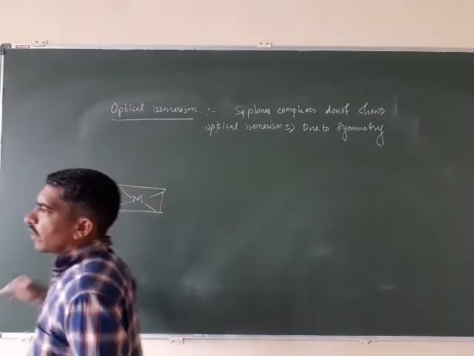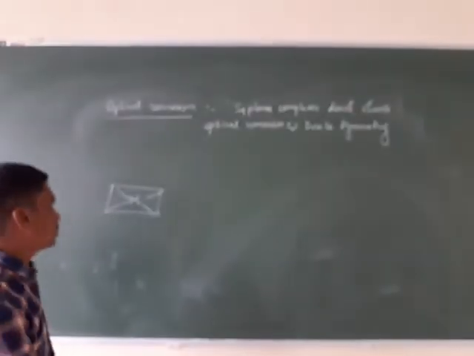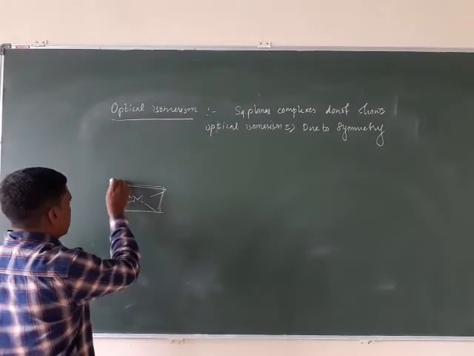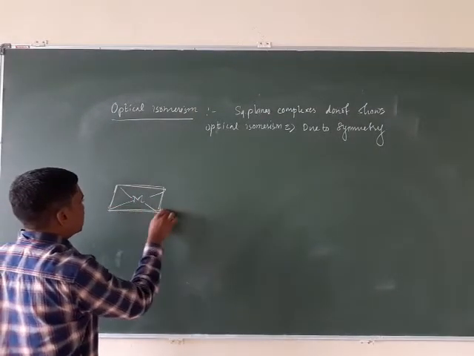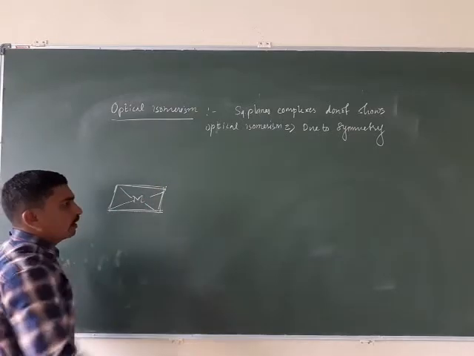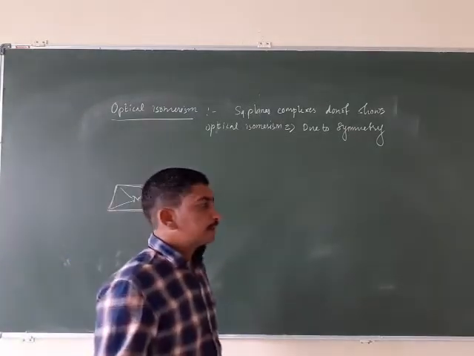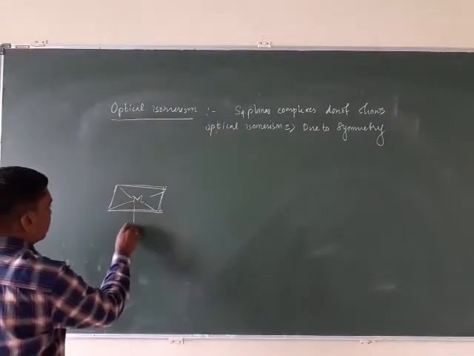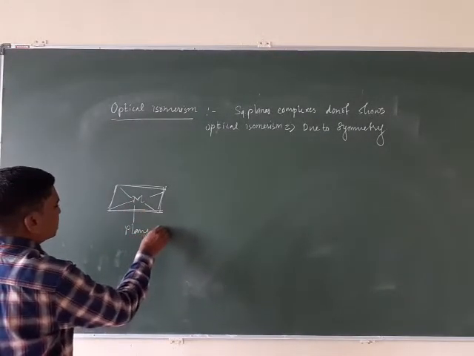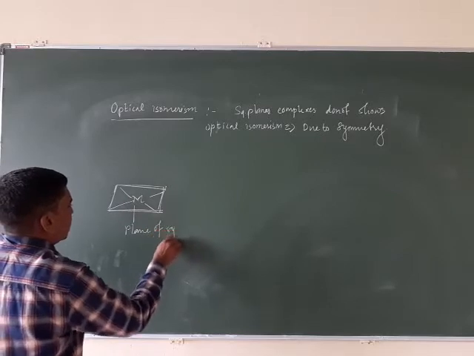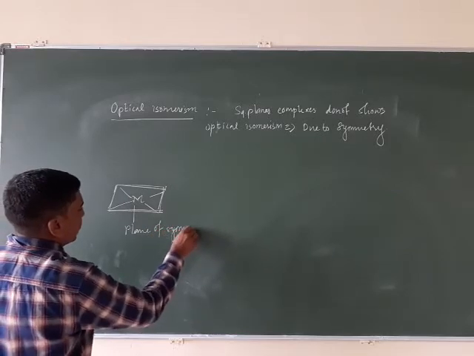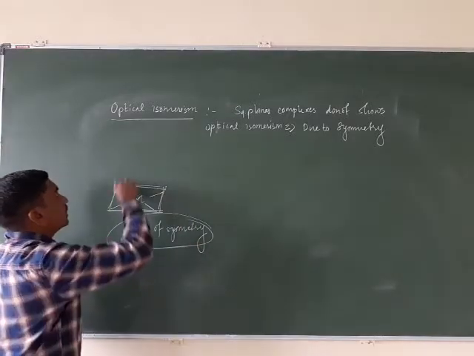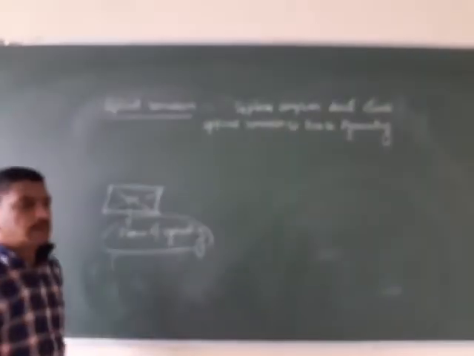We can draw a plane passing through all ligands and the metal atom, which divides them into equal halves. Because of this plane of symmetry, optical isomerism is not possible.